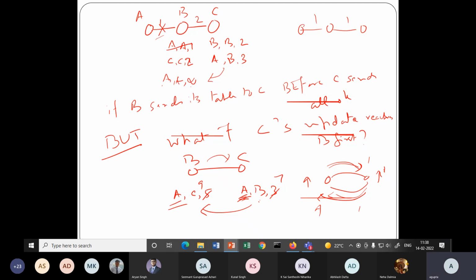See, what I'm saying is that cutting this link is basically setting a value of infinity, but say instead of this link going down, suppose this cost had gone up to 1000. Then this value would have come to 1000. If it propagates to C, C will say trust the next stop, let me do 1002. But if C's update comes to B before B's update goes to C, then the same problem can happen, because B will think that there is a path to A through C with cost lower than 1000.